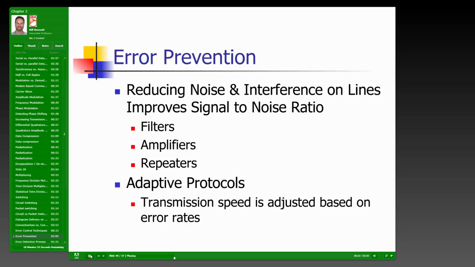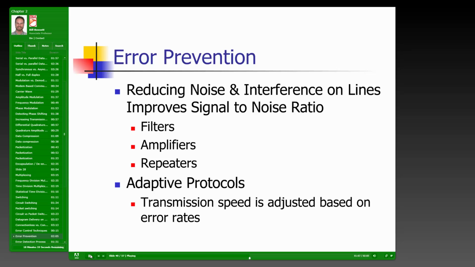So we use things like filters, amplifiers to increase the signal, also repeaters, because after the signal travels for a certain distance it begins to get weaker and weaker, and the signal to noise ratio is reduced quite a bit. We can take a repeater and have it take an incoming signal, retime it, regenerate it, and put it back out onto the media again as a nice, clean, fresh new signal. So that's three different methods of improving the signal to noise ratio, again trying to prevent these errors from occurring.